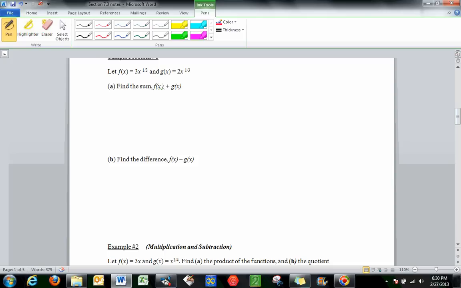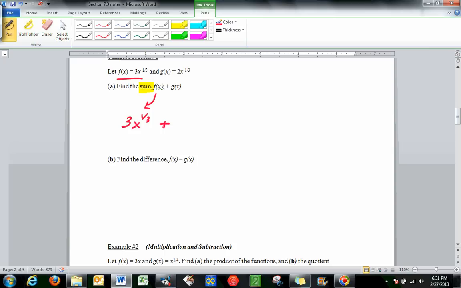Okay. So what we have here is a function f of x, and f of x has been defined as 3x to the 1/3. So it's asking me in part A to find the sum of f of x and g of x. So what I need to do is substitute. In place of f of x, I'm going to put its defined term, which is 3x to the 1/3.